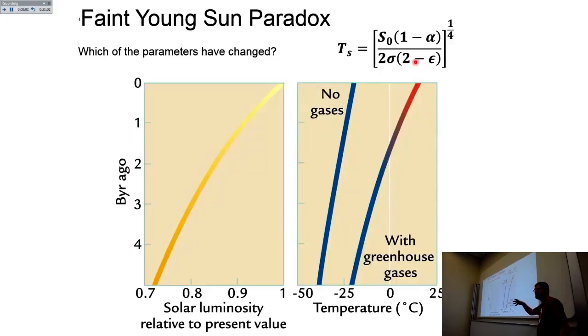Another video which I asked you to watch was the Minute Earth video on the faint young sun paradox. For those of you that didn't watch that, basically astrophysicists who investigate how stars evolve figured out that when the solar system was younger, the sun was not as powerful as it is now, because it hadn't produced as much helium, so it was a little bit less dense, with lower temperatures.